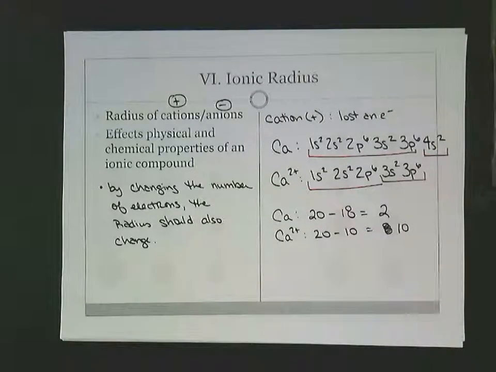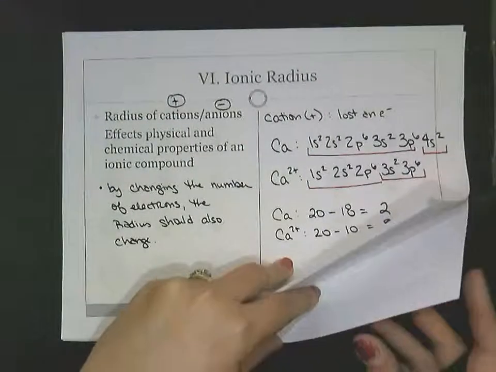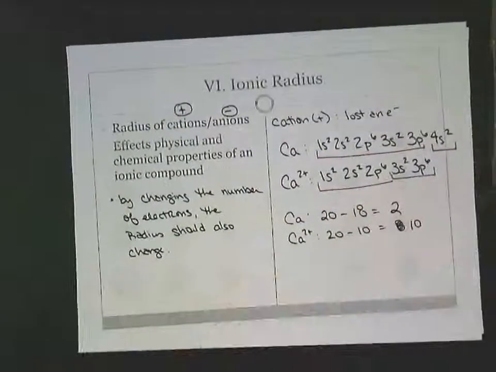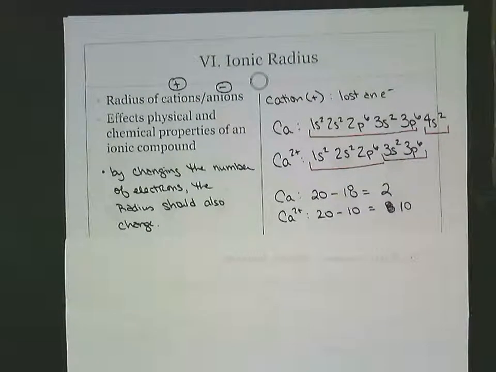All right. So last time we did cations, which are elements that have lost an electron, and we saw that the Z effective increased, so their radius decreased. So that means we have to do the other version where we have an anion. Let's pick an anion that doesn't have a million electrons. We'll try chlorine.